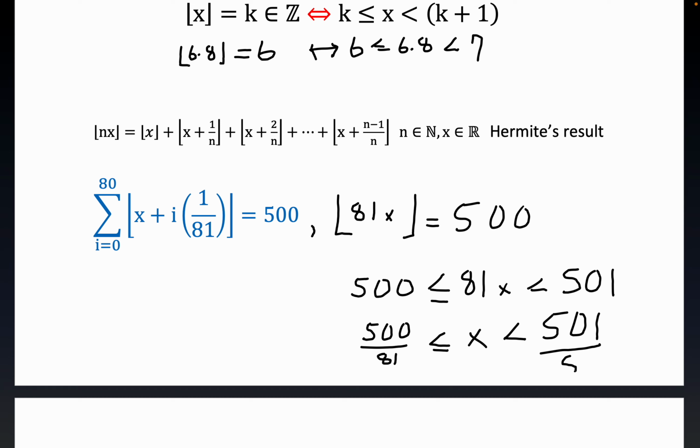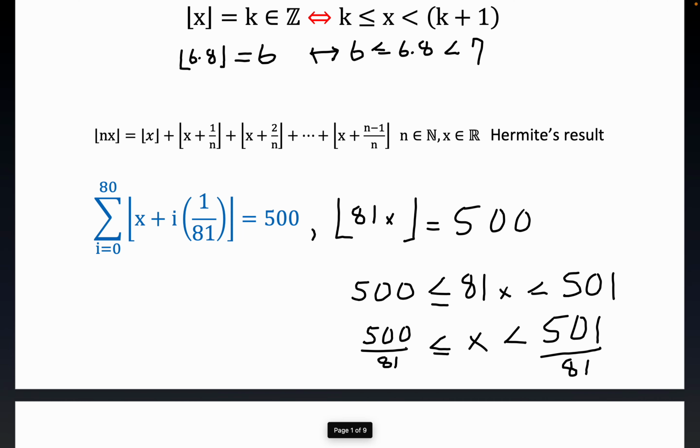Now you probably see exactly where this is going. Any x in this narrow interval is a number a little bit larger than 6, since 6 times 81 is still less than 500.